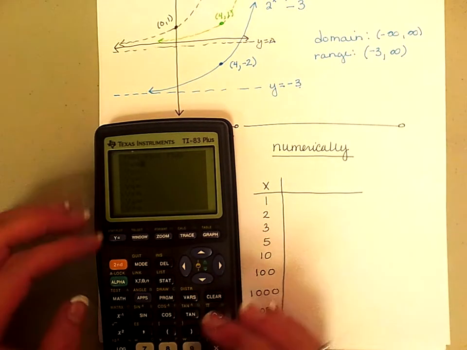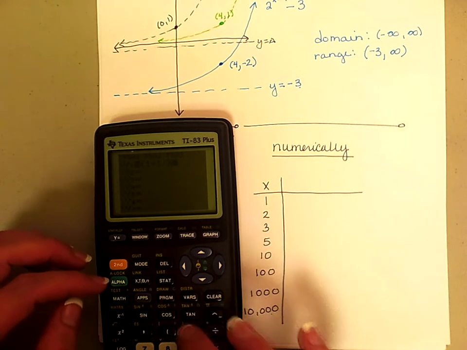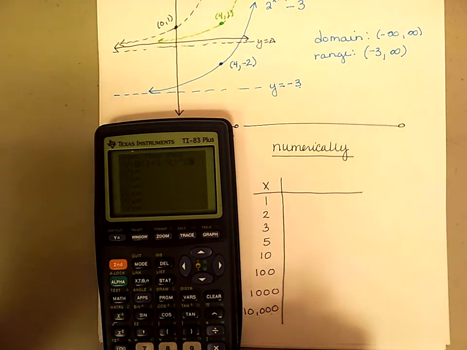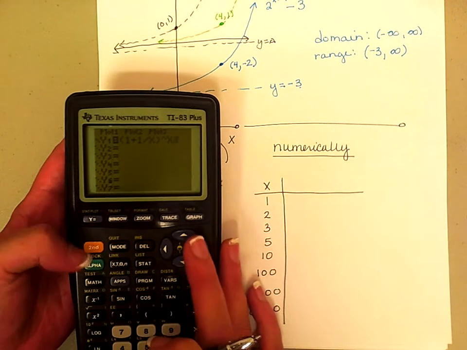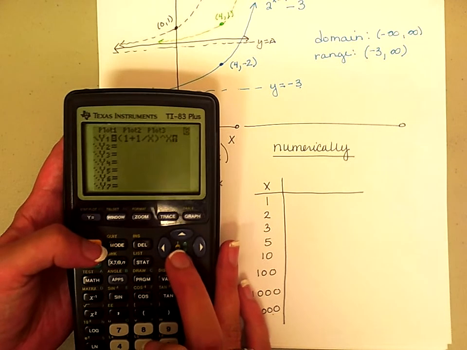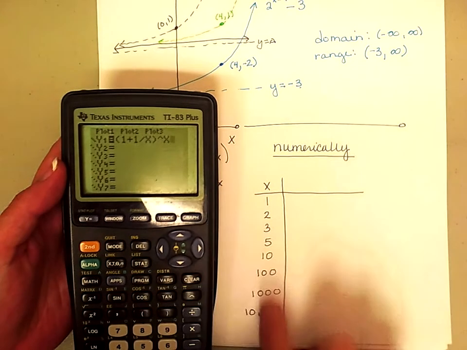Okay. So, here I will put in the quantity 1 plus 1 divided by x, and I'm raising that to the x power. Okay. I don't know if I can make this lighter so you can see. There we go. Okay.